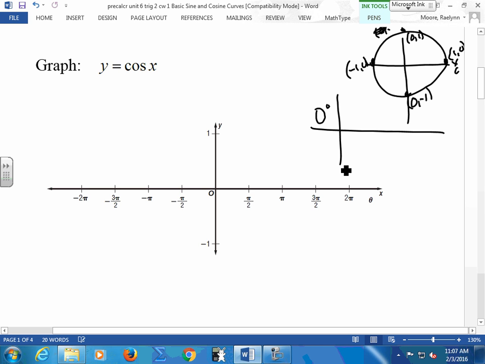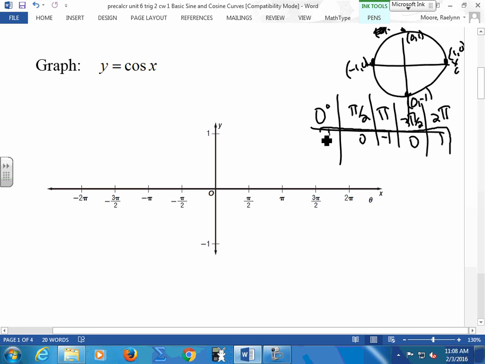For 0 radians or 0 degrees, what is my cosine? 1. For pi over 2, what is my cosine? 0. For pi, what is my cosine? -1. For 3 pi over 2, what is my cosine? 0. And for 2 pi, back to my original, 1.